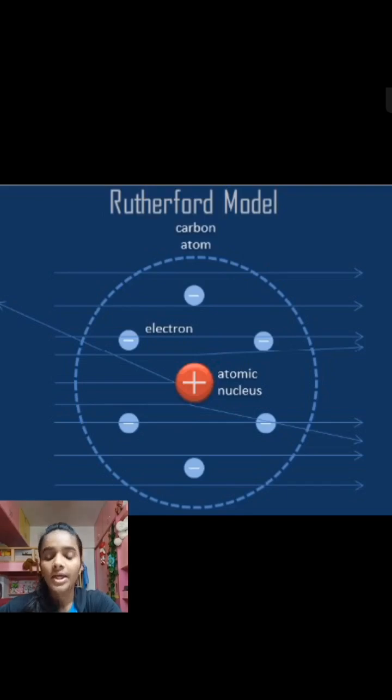Second, if an electron moves around the nucleus, it must radiate out energy and gradually move towards the nucleus following a spiral path, until it collides and collapses into it. Third, thus Rutherford's model could not explain correctly the stability of an atom.